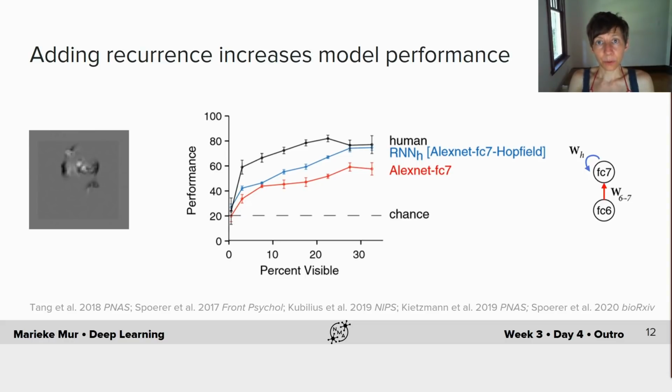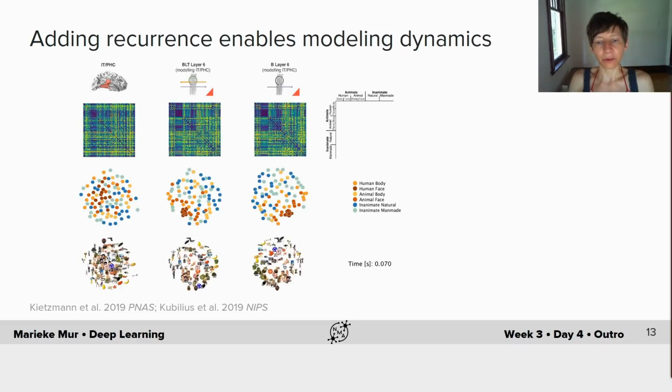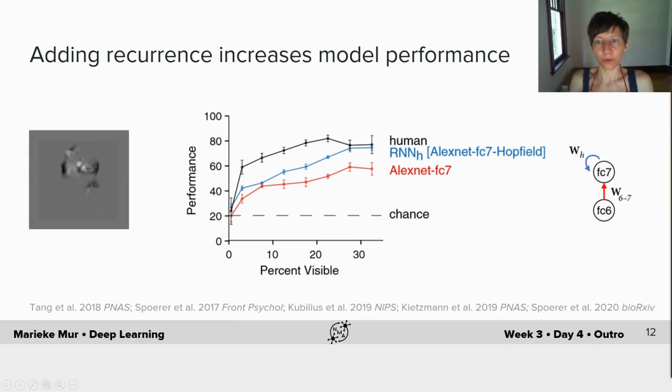However, AlexNet performance increases significantly by adding lateral connections, which enables the network to perform pattern completion. Other studies showed similar results for a range of stimuli, and these studies also showed, and that is important, that adding recurrent connections improves model performance at explaining brain data as well.